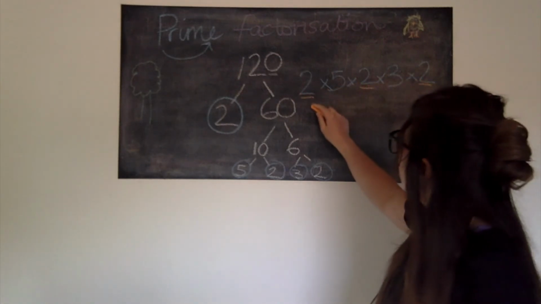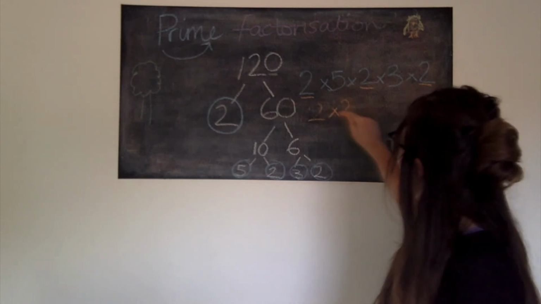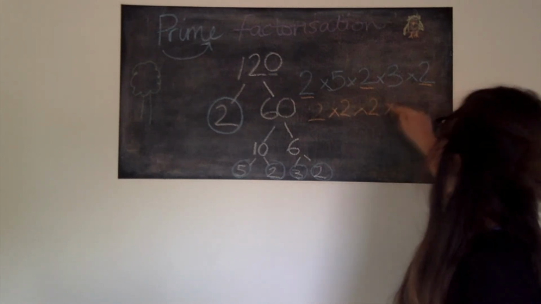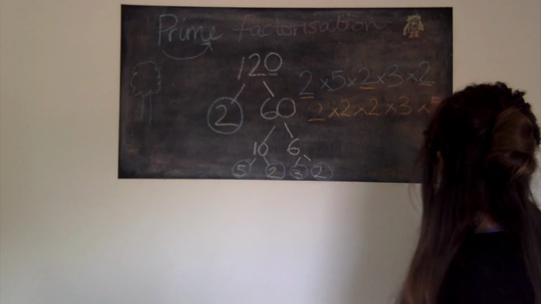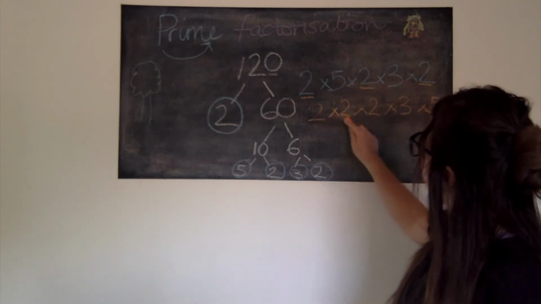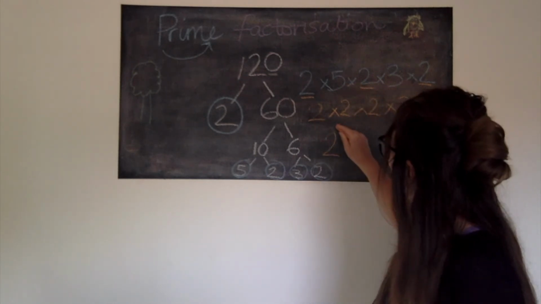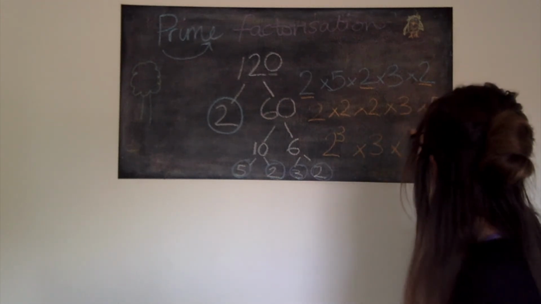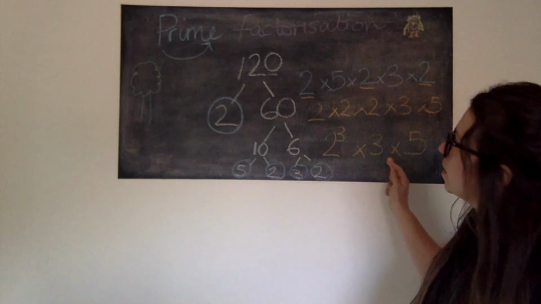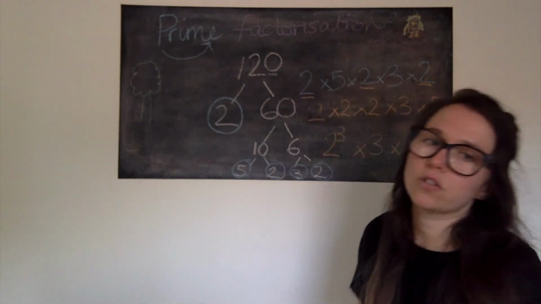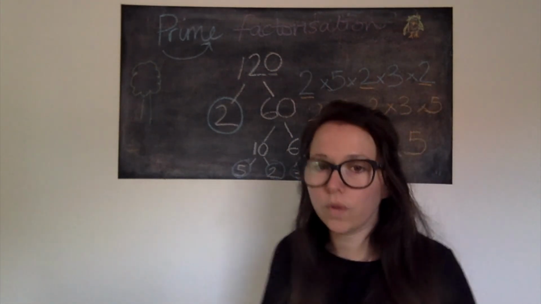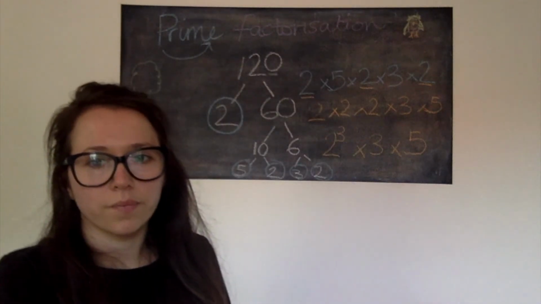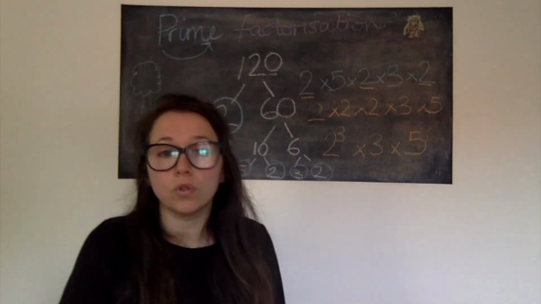So 2 times 2 times 2, and the rest of it, I can put this together because I know that is 2 cubed times by 3 times by 5. And that is what we call the prime factorisation, or the product of prime numbers. Okay, again, something we've all done before.